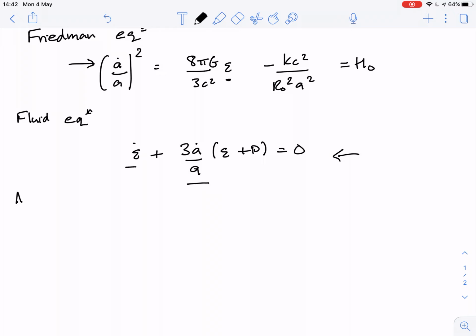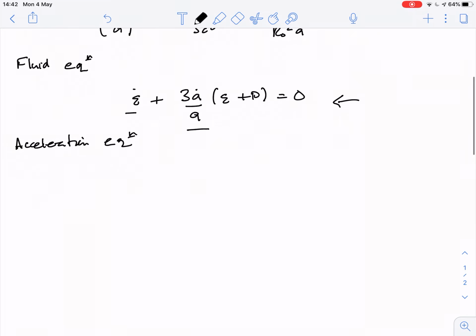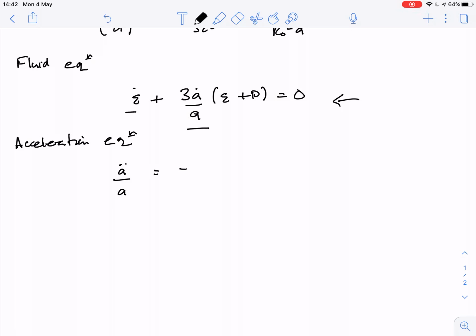And then finally we have the acceleration equation. The universe does not just accelerate or decelerate at a constant rate, so acceleration is also relevant. That's a double dot over a, and that yields us whether or not the universe is slowing down or speeding up.